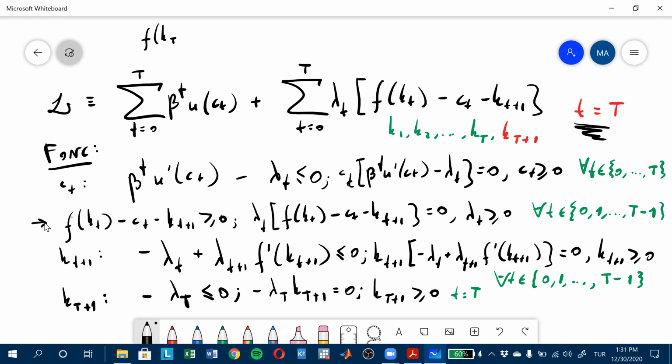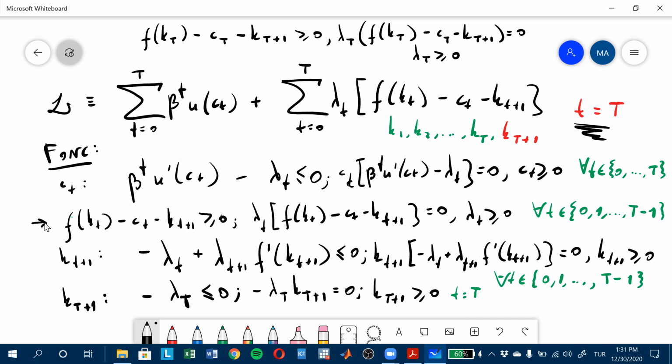So I have f(k_t) minus c_t minus k_{t+1} greater than or equal to 0, lambda_t, right, f(k_t) minus c_t minus k_{t+1} equals 0, and lambda_t greater than or equal to 0.